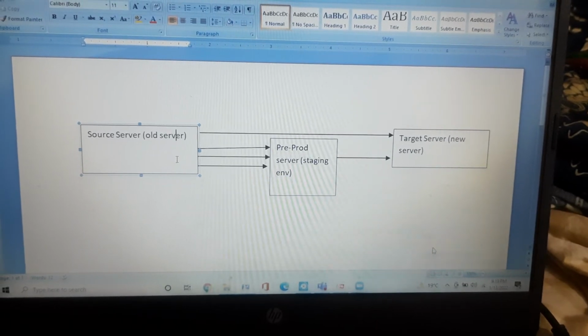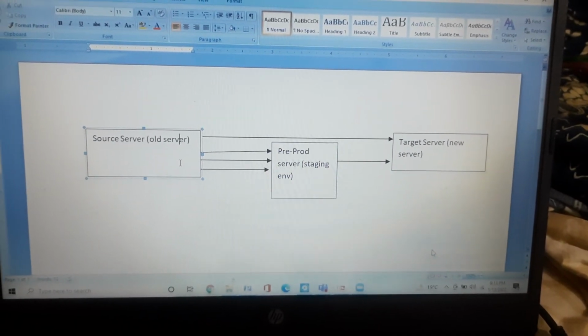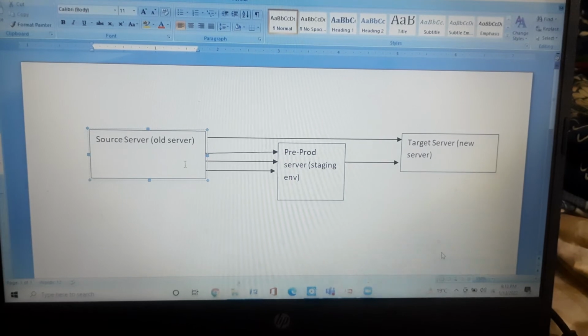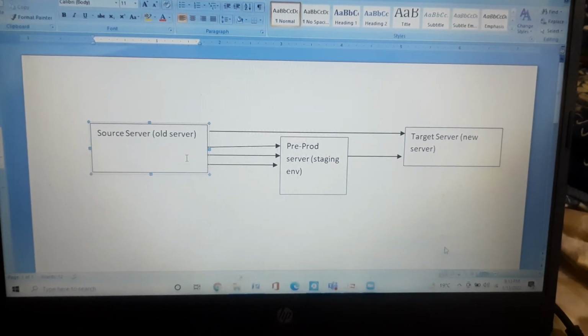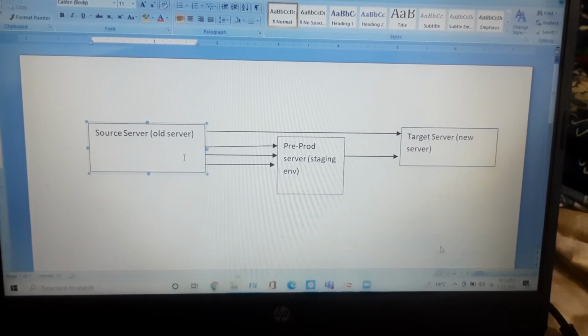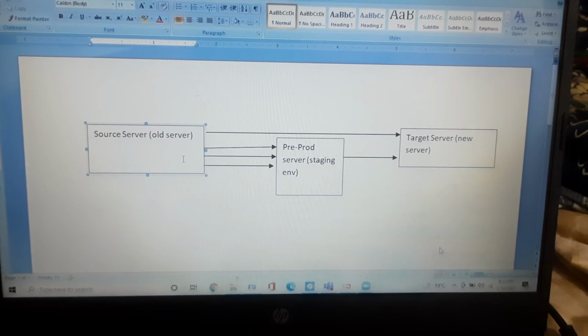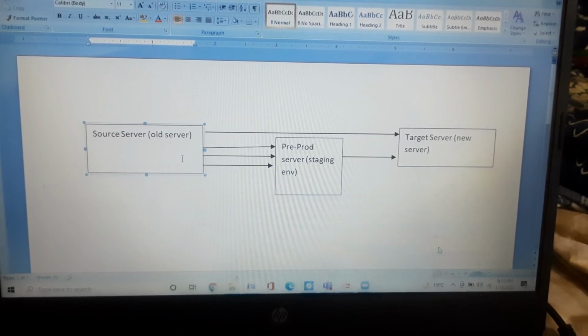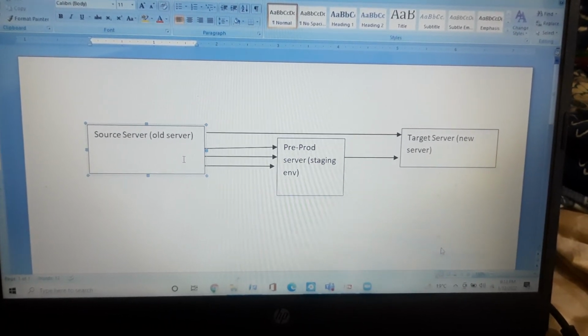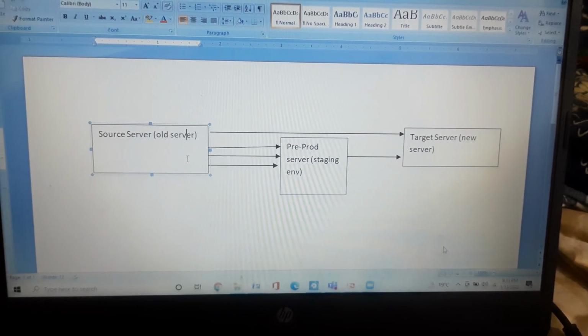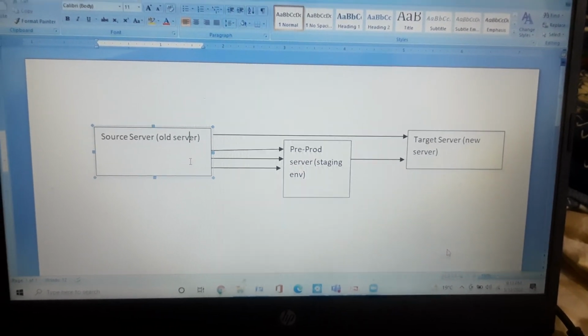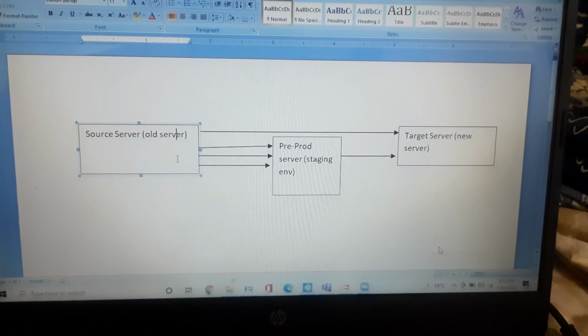Sometimes when you are transferring the whole data, which is big, it may take a lot of time. And if in between the migration activity is disrupted, then you have to perform the same activities once again. So it is better to transfer the data in small portions.